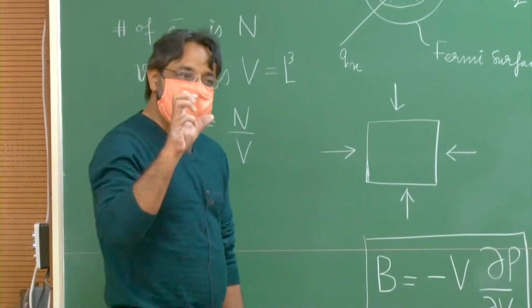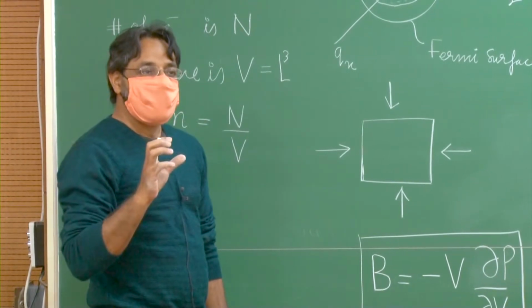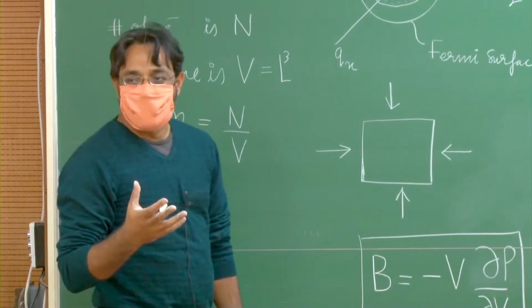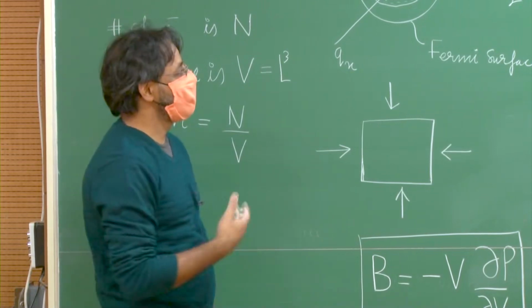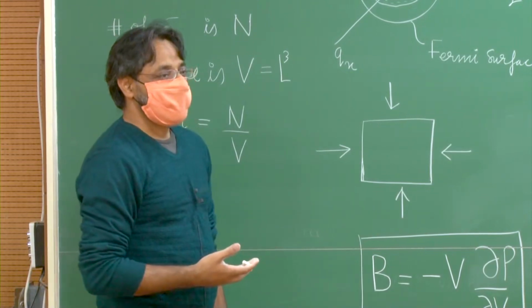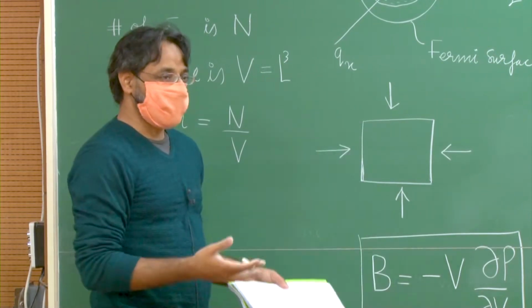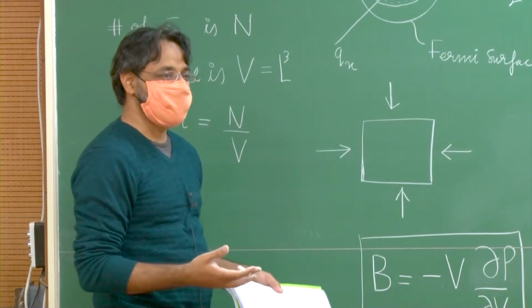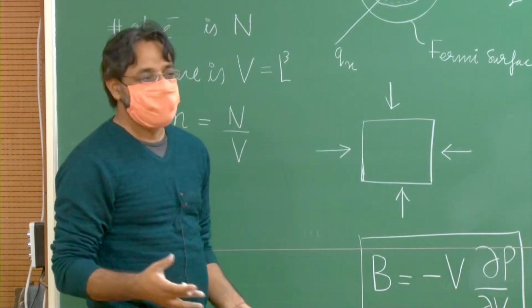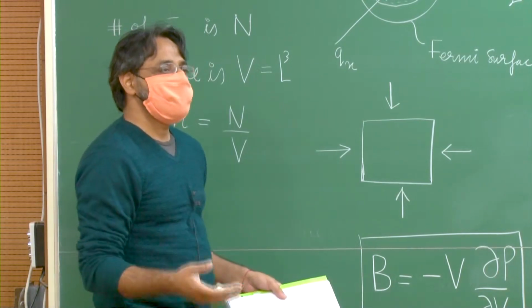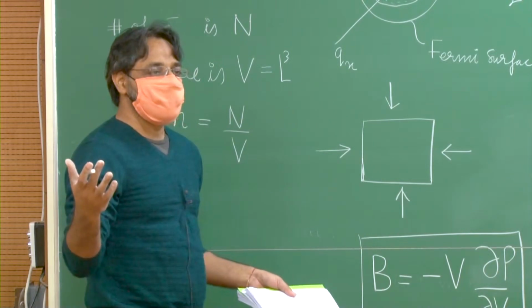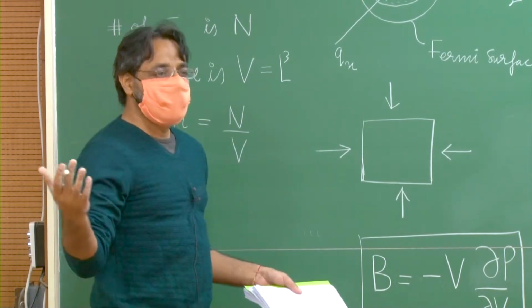And when you apply pressure, when you try to squeeze a metal, the ionic cores will also play a role. Right now we have not considered them. We are just considering a metal as a free electron gas, as if it is a gas enclosed in a box, and the ionic core is playing a role which is to neutralize the charges. That is it. It is a uniform positive background, right.